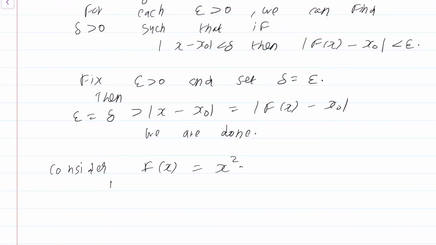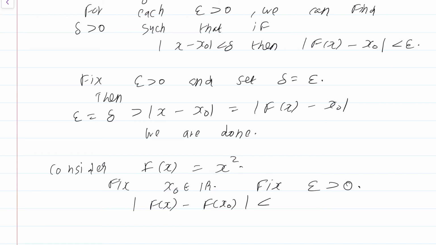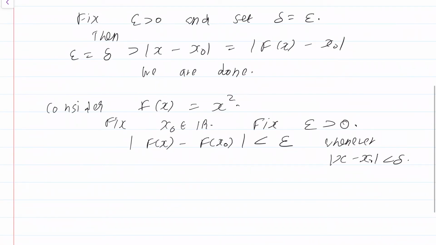Well, fix x naught in R again, and fix epsilon greater than 0. We must find a corresponding delta such that mod f of x minus f of x naught is less than epsilon, whenever mod x minus x naught is less than delta. Okay, we have to find that delta.